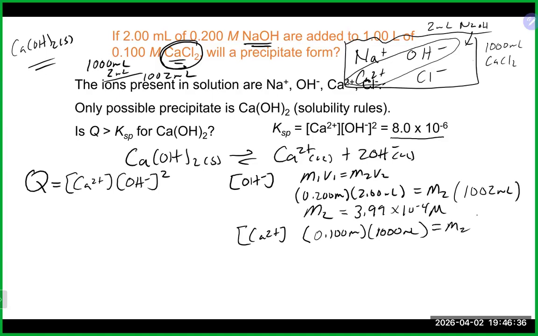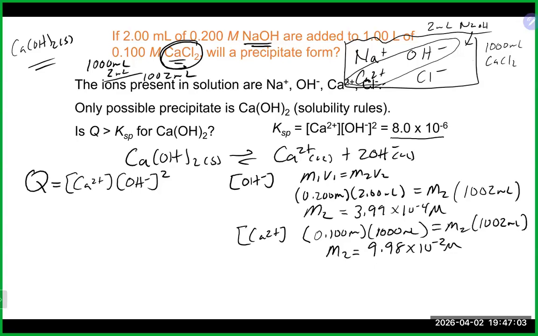Our total volume when we mix it all together is 1,002 milliliters. That's going to give us 0.1 times 1,000 divided by 1,002, which gets us an M2 of 9.98 times 10 to the minus 2. So again, it's important to make sure that you actually get the proper concentrations of each of these ions in that solution.